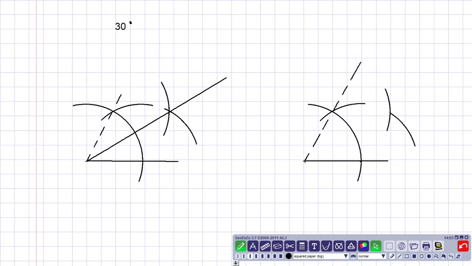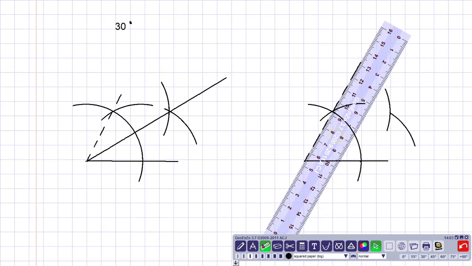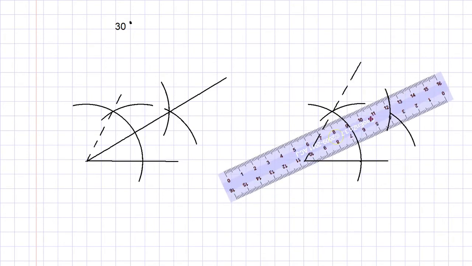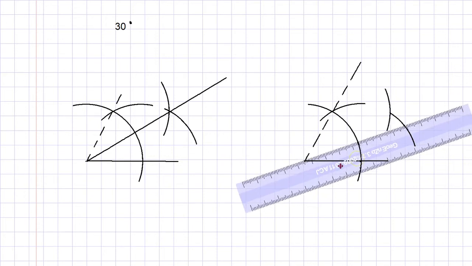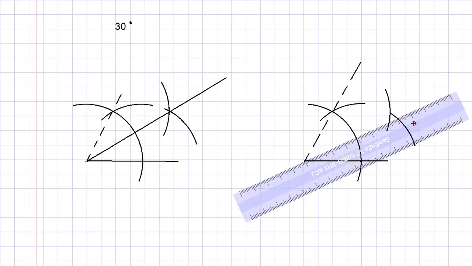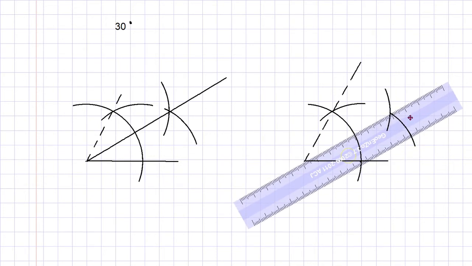So join that point and this point using ruler. Then this is 30. Half of 60 is 30.